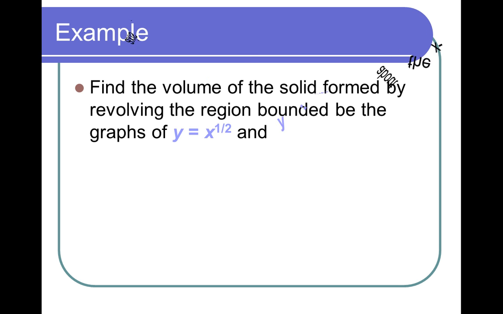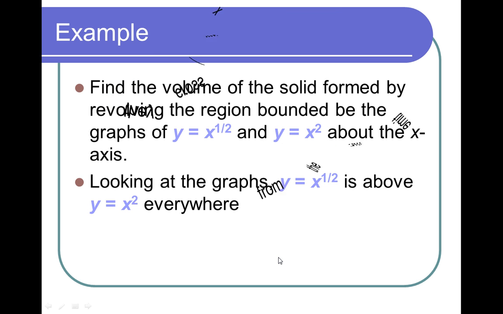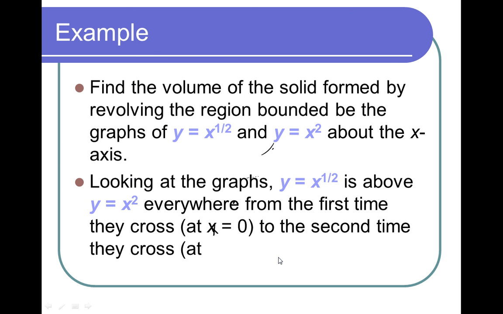So here's an example. Let's say I'm finding the volume of the solid formed by revolving y equals x to the 1/2 and x squared about the x-axis. So first of all, I need to know where the area is and what it looks like. Okay.